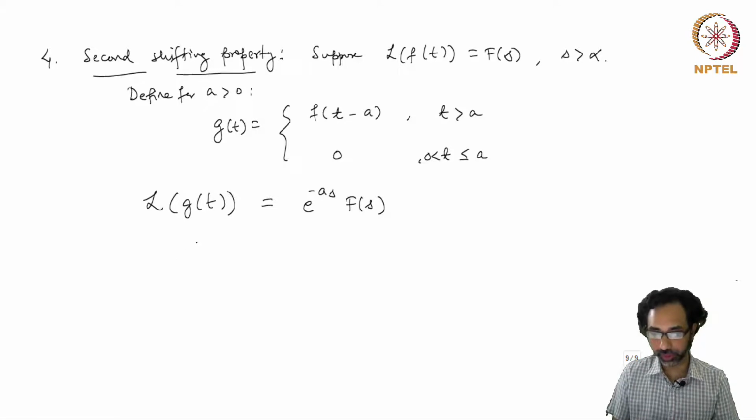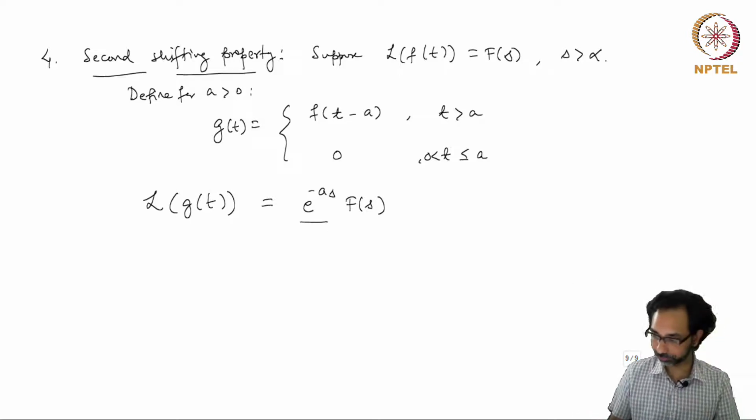So we see that in the first shifting property, multiplication is by exponential ct on the left of the Laplace transform, but in the second shifting property the multiplication is by exponential minus as on the right hand side of the Laplace transform.